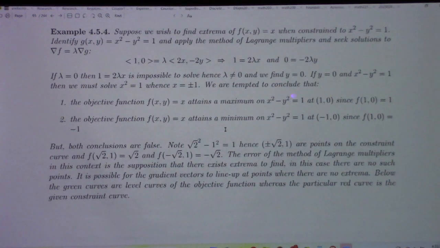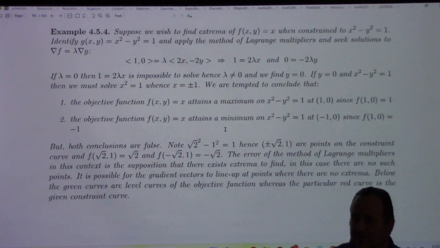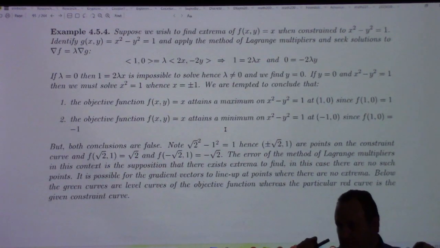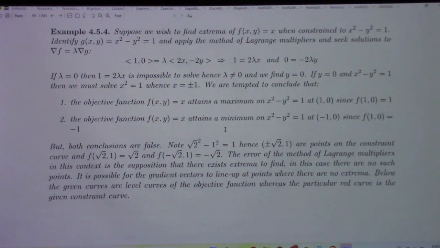But both the alleged maximum and the alleged minimum are illusory because, of course, the objective function x gets as big as you like and as small as you like relative to the hyperbola, which opens sideways like this, right? So we've just found fake solutions at the vertices of the hyperbola. These are not genuine solutions, despite the fact that we solved the Lagrange multiplier problem. They are not honest-to-goodness solutions to the extreme value problem here.